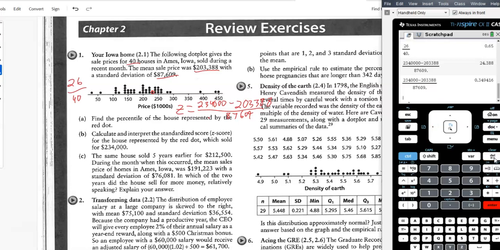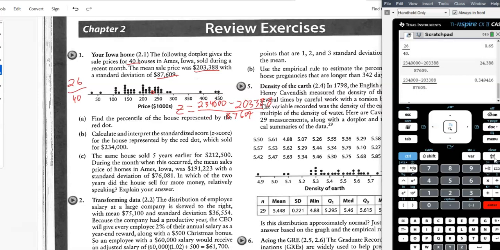Okay, so the z-score is 0.35. So calculate and interpret. So the price of that house is 0.35 standard deviations above the mean. The z-score is 0.35 positive, which means it's above the mean.